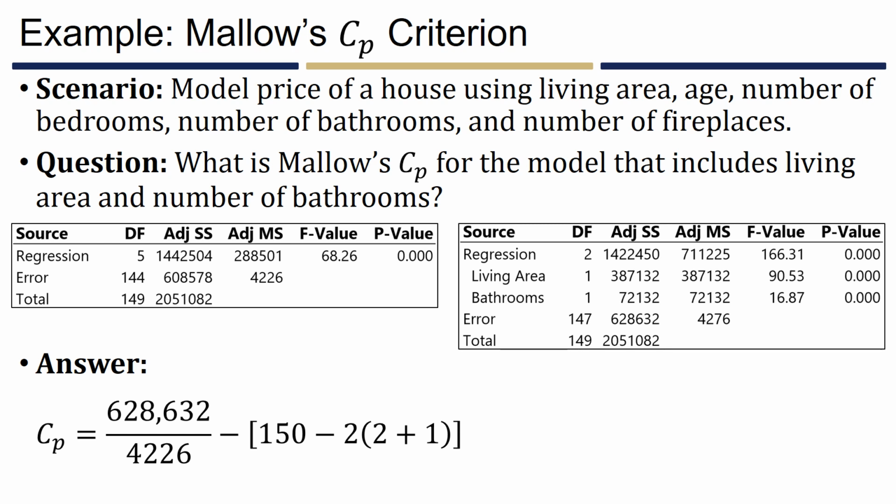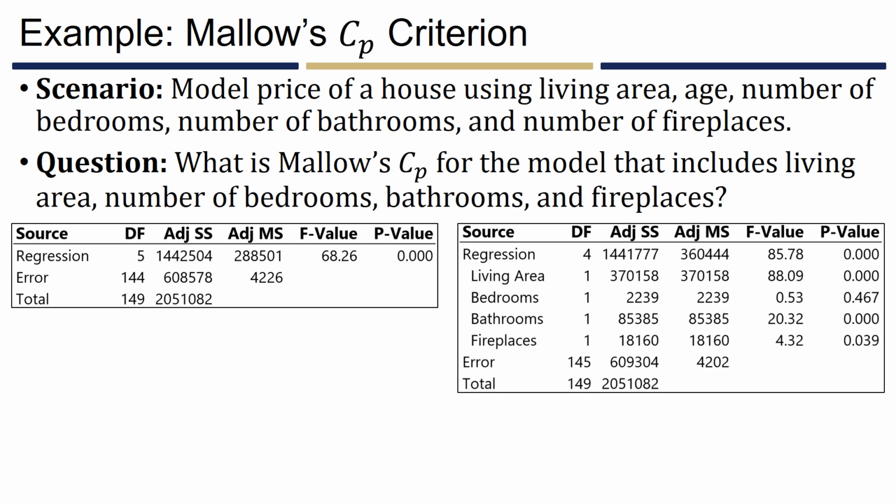It turns out there are 150 observations in the data set, so we'll take 150 and subtract off twice the number of predictors in the reduced model plus 1. 150 minus 2 times 3. That's going to give us 148.75 minus 144, meaning that Mallows' Cp for this model that includes only living area and number of bathrooms is equal to 4.75.